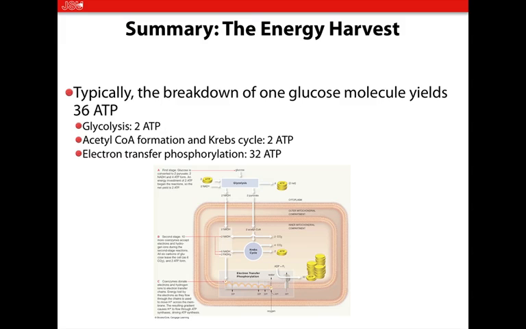Because they release H+, which are protons, and electrons, we got to clear those from the system. That's where oxygen comes into play. The oxygen will combine with the H+ and the electrons, and that will make water, H2O. And it clears the system of those electrons.